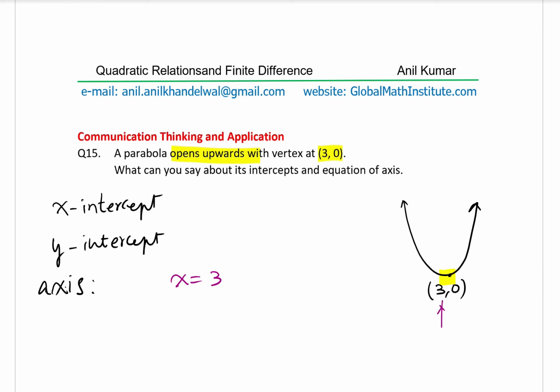Now, y value is 0. That means what? Well, y value 0 means that it is an x-intercept, right? So one of the x-intercepts here is at (3, 0). So x-intercept is (3, 0). And it has only one x-intercept.